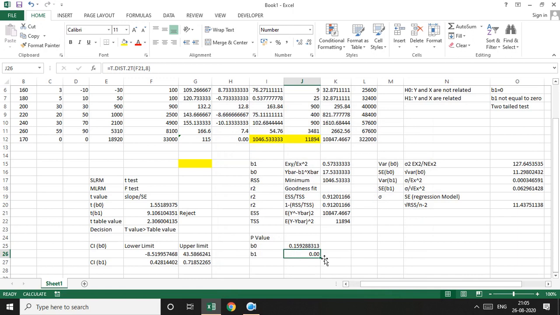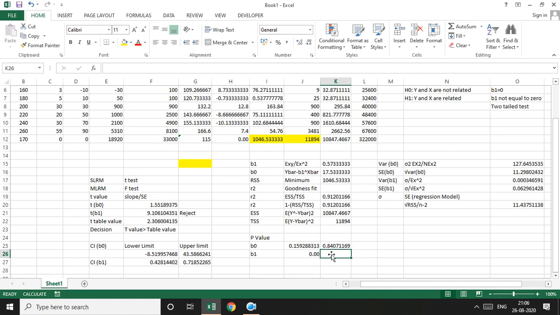So what does it mean? In the first case, we can only reject the null hypothesis at 1 minus this one, only 84% confidence, about beta 0.